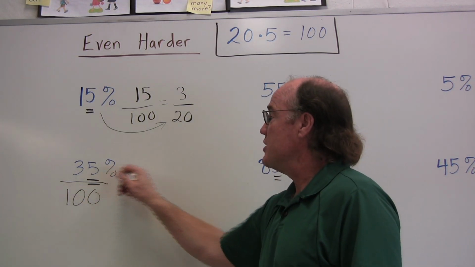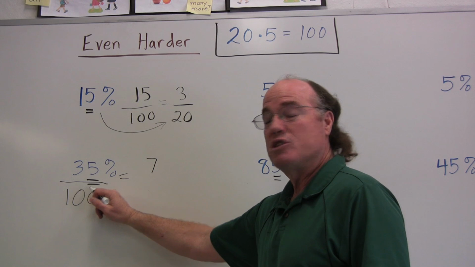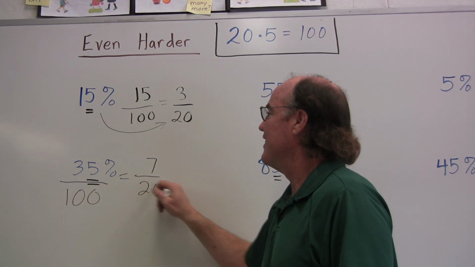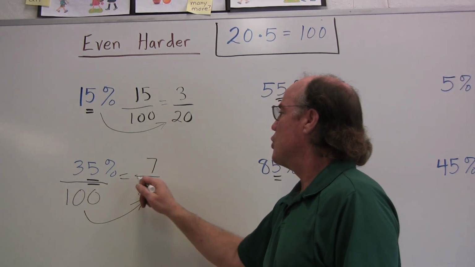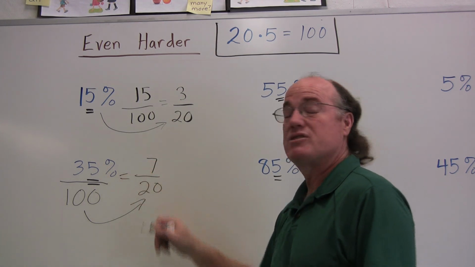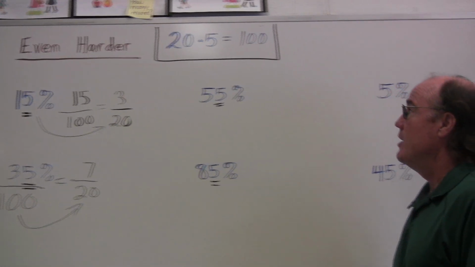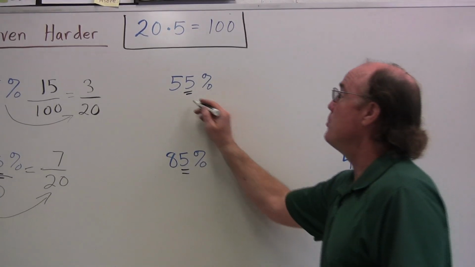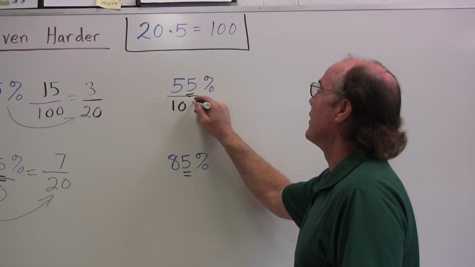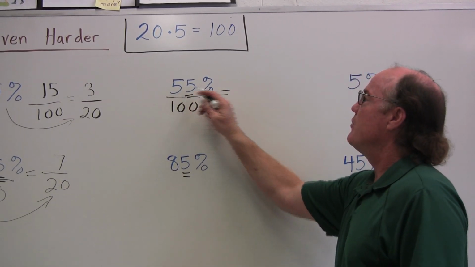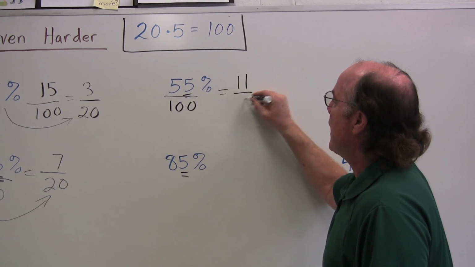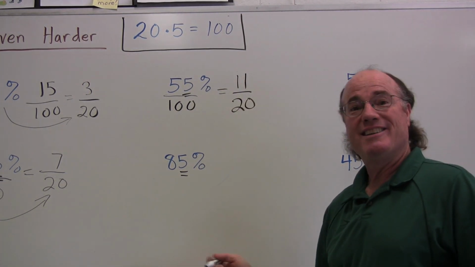Hey, 5 goes into here, 7. 5 goes into the bottom, 20. 35% is 7/20. Okay? If we shift over here, I hope you are starting to get this pattern. 5 goes into 55, 11, and guess what's on bottom? 20. Okay?